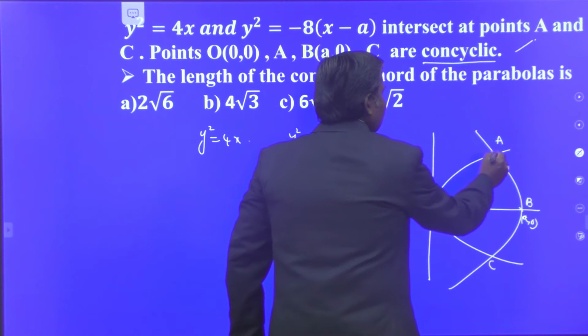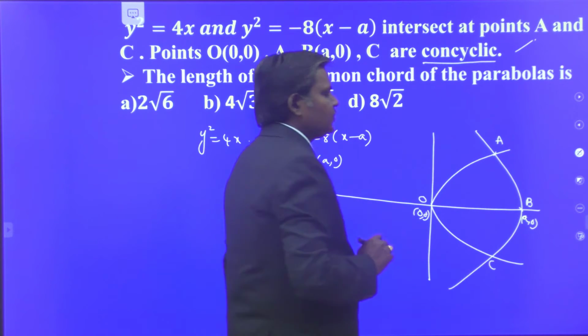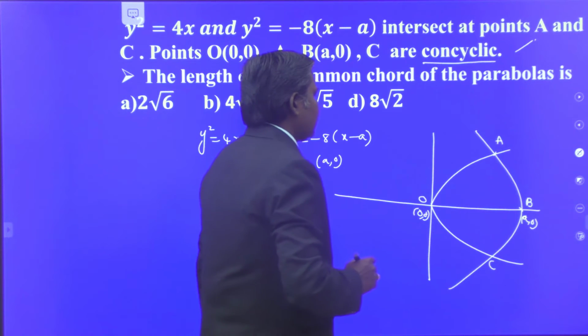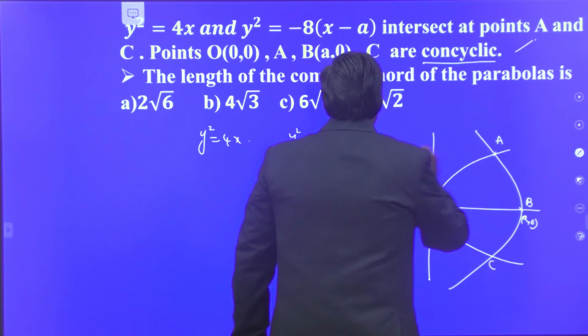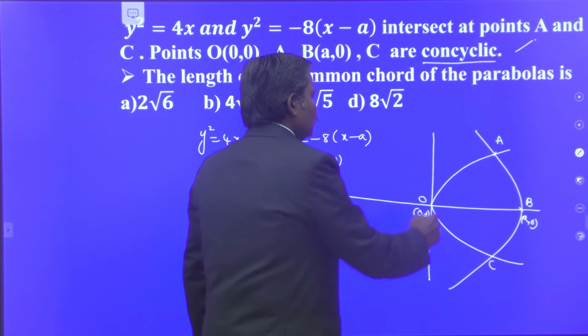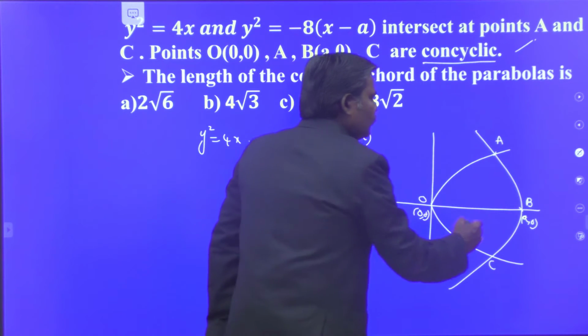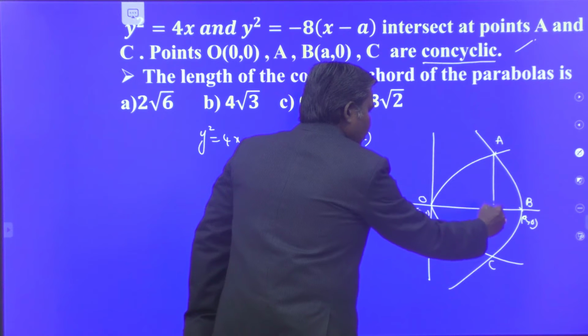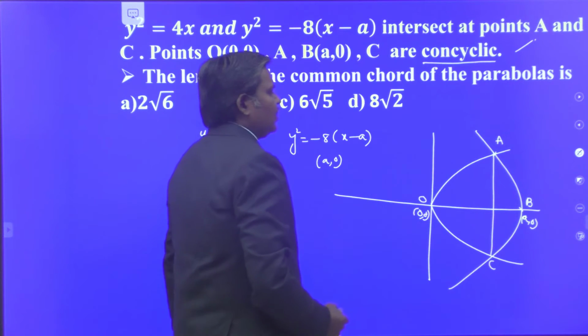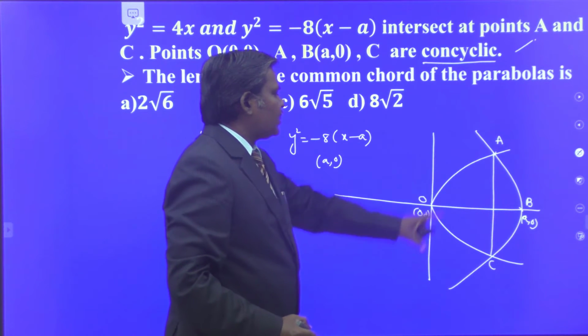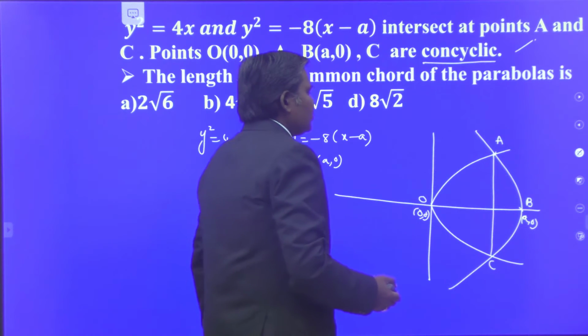Now these 4 points are concyclic. These 4 points are concyclic, they are given to you. You have to find out the length of the common chord. So these two curves intersected at these points A and C. We have to find out the length of the common chord as shown in this figure. This is the chord. So to find that chord, what is the main information to you?